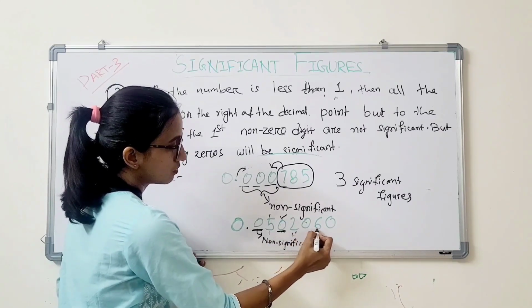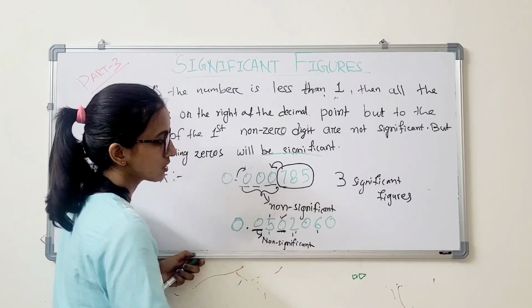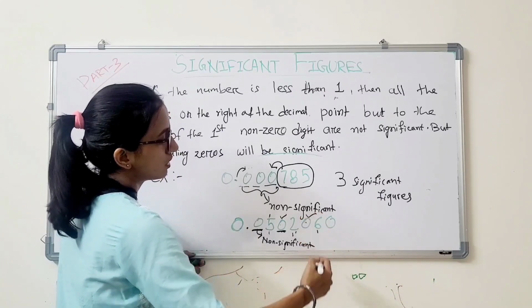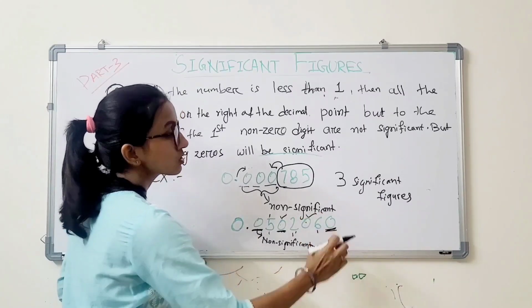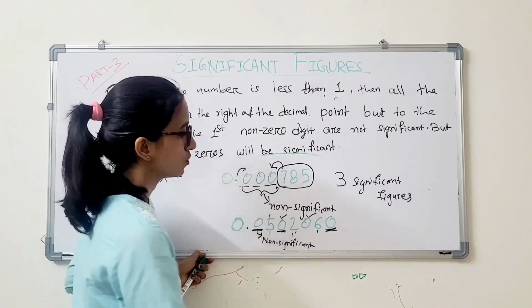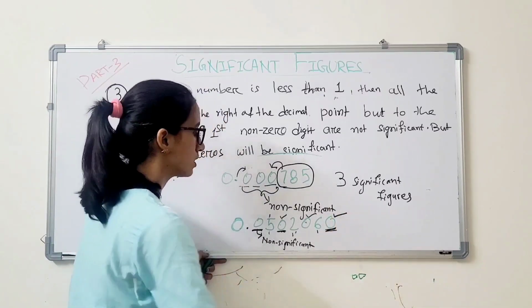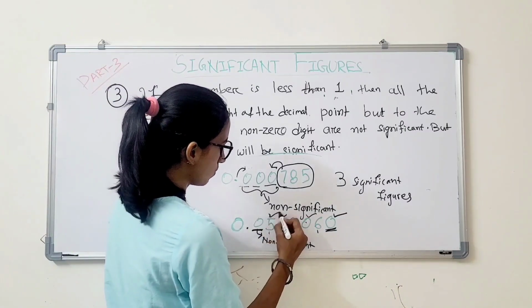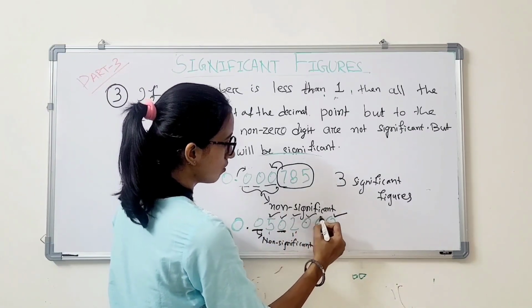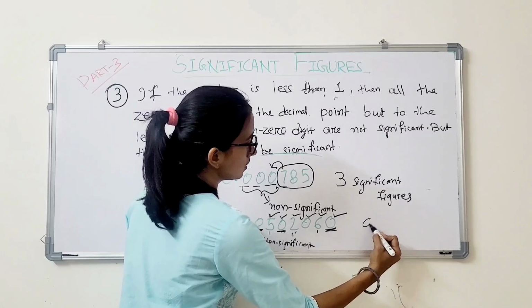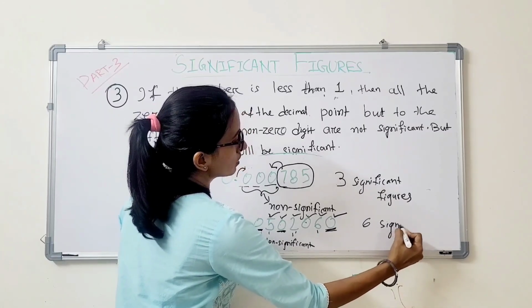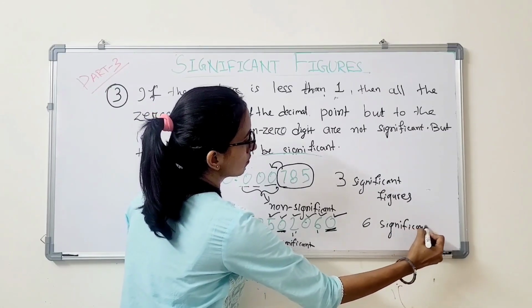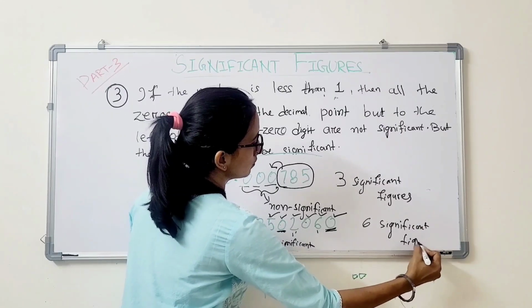Also this 0 is in between two non-zero digits, so this will also be significant, and this 0 is the trailing 0, so it will also be significant. So in this case, how many significant digits are there? 1, 2, 3, 4, 5, 6. Here 6 significant figures are there. Clear?